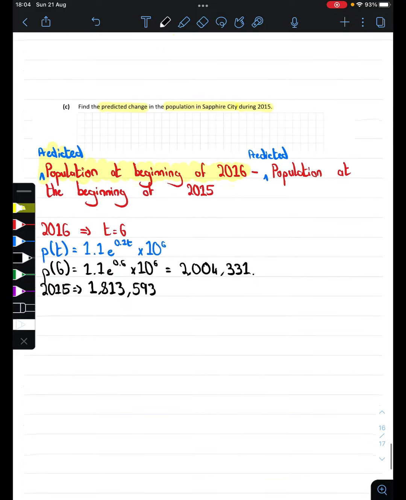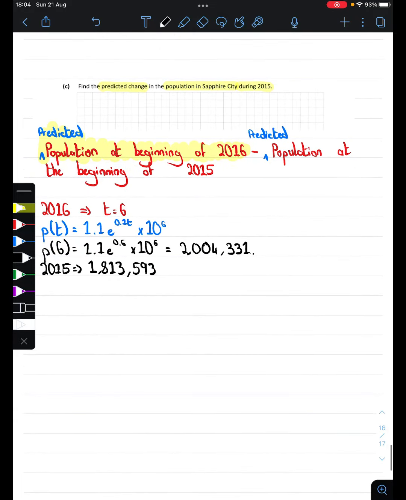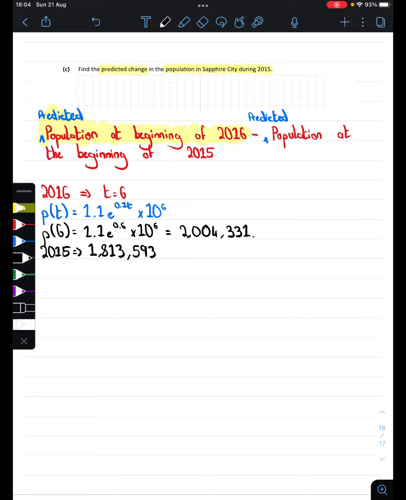So the predicted change in the population throughout the year of 2015 is just the difference of these two. 2,004,331 minus 1,813,593, which equals 190,738. So this is the predicted change in the population in Sapphire City during the year 2015.